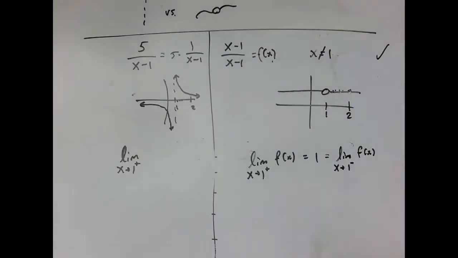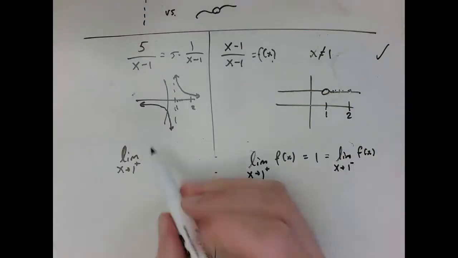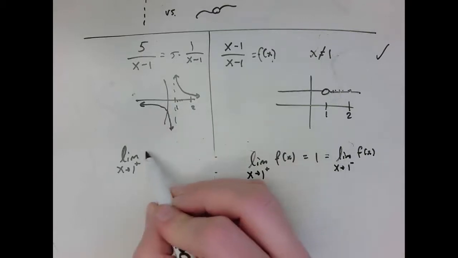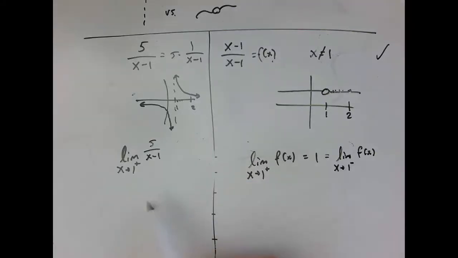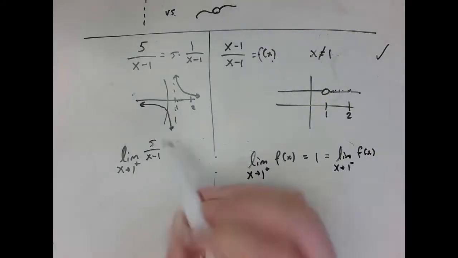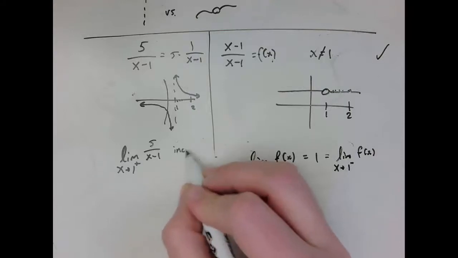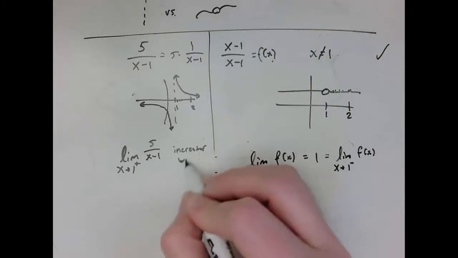So using limit notation, let's say the limit of the 5 over x minus 1 function, as x is approaching 1 from the positive side, I was recommending that you write increases without bound.